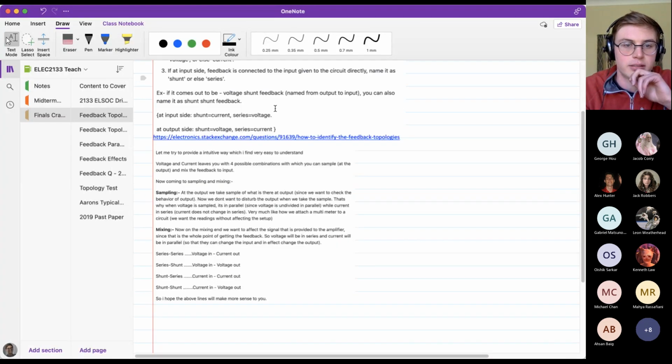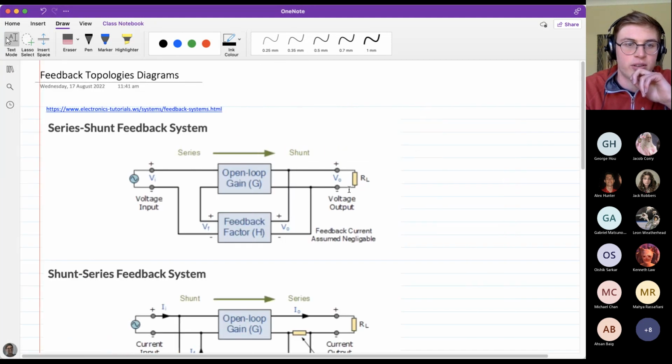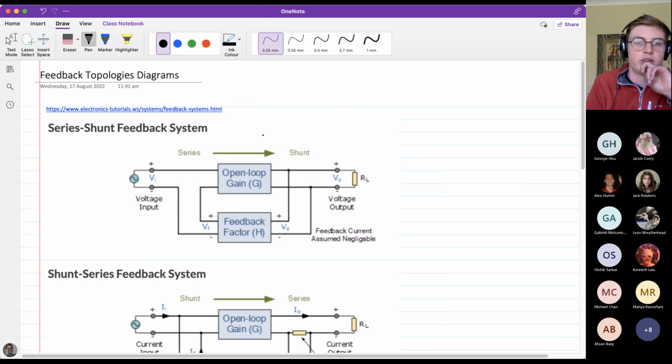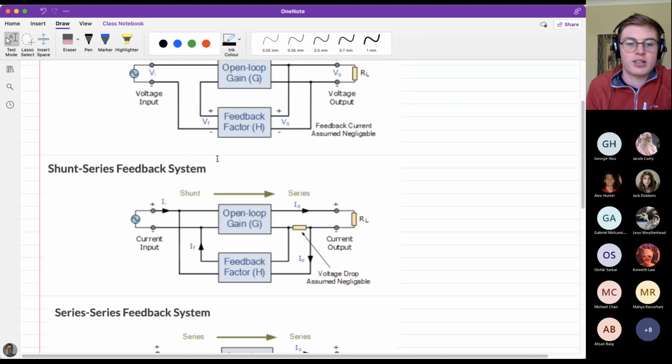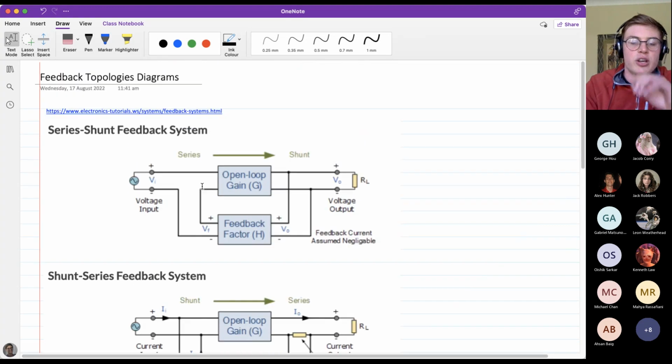Moving on, we essentially have 4 different types of feedback topologies. They're different combinations of series and shunt: series-shunt, shunt-series, series-series and shunt-shunt.